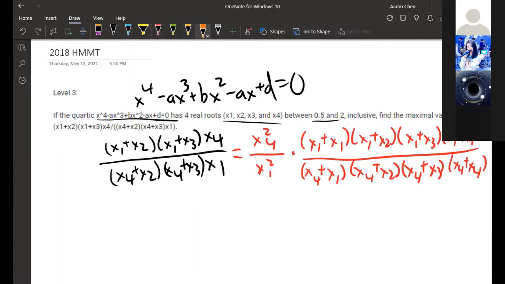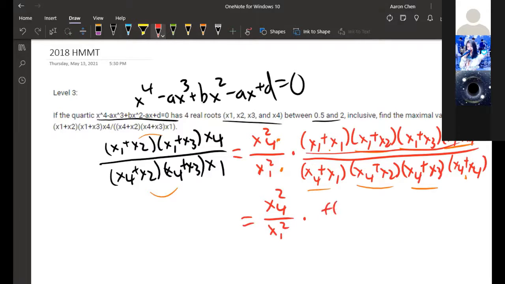And the reason this works is that these two terms correspond to these two, and these two correspond to these two terms, and these two terms are equal, and these two terms will have the 2's cancel out, and then the x4 and x1 terms will cancel out with the squared terms here. And so after that, this is just x4 squared divided by x1 squared times, and now the numerator here is just f of negative x1.